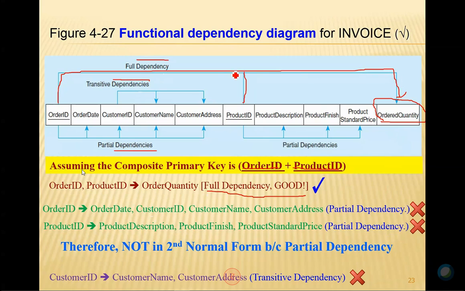To determine the order quantity, I need to know which order and which product. I need the value of both of them. So order quantity is called a full dependency because I need the value of both primary keys to determine its value.